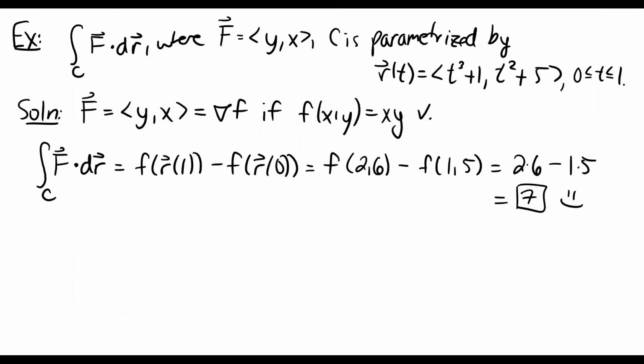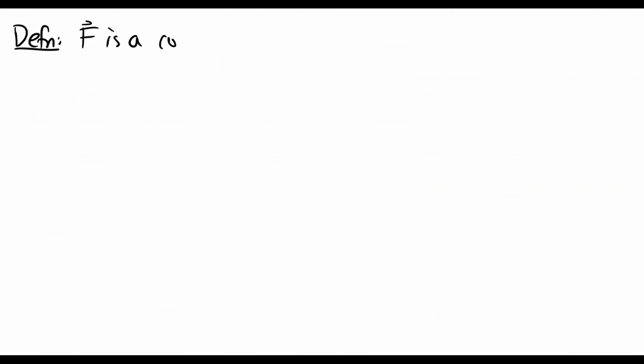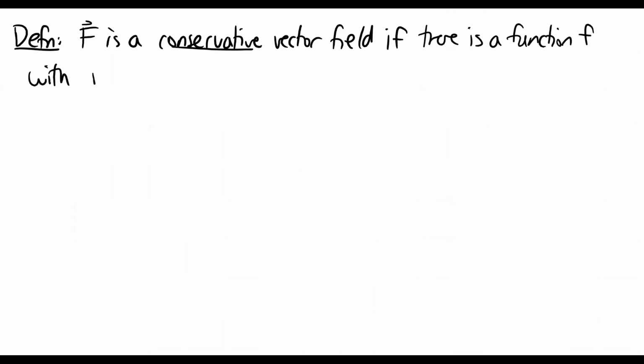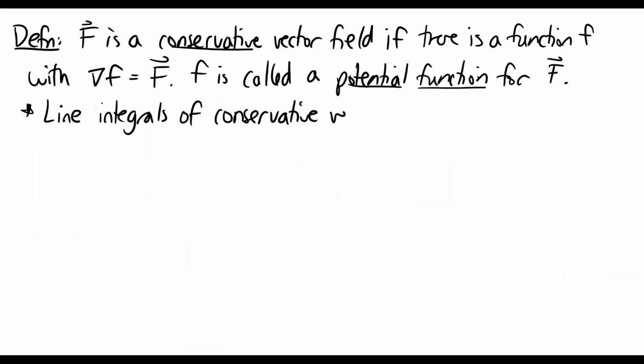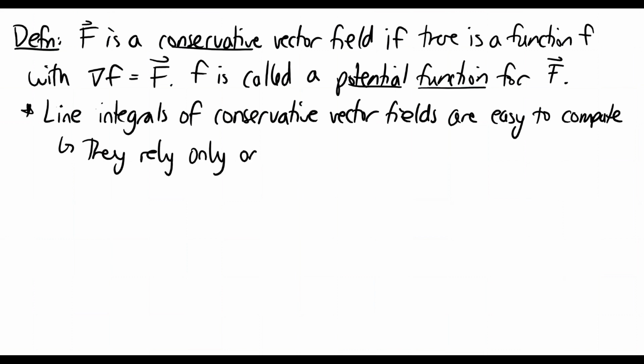Easy. Recall that we had a name for these kinds of vector fields. F is a conservative vector field if we can find a function little f where the gradient of little f equals big F. Little f is called the potential function for big F. So line integrals of conservative vector fields are easy to compute. Moreover, we can see that the path chosen between two endpoints doesn't affect the final answer. So line integrals of conservative vector fields do not depend on the path C, they only depend on the endpoints.